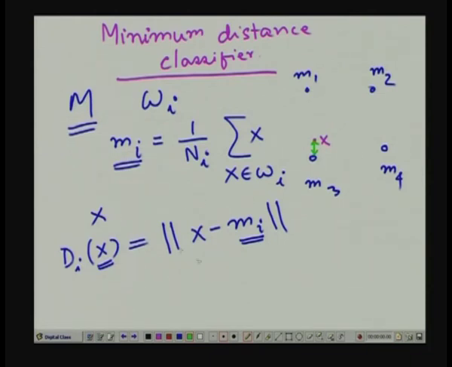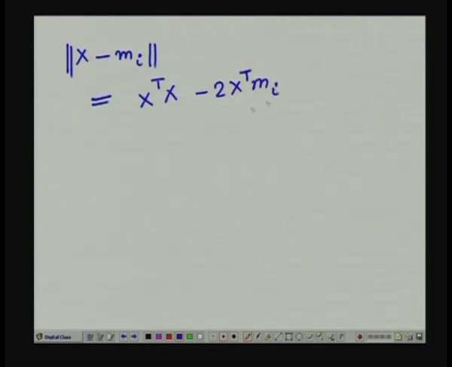Now, what does this Euclidean norm mean? This Euclidean norm is nothing but x minus m i. If I expand this, it simply becomes x transpose x minus 2 x transpose m i plus m i transpose m i.